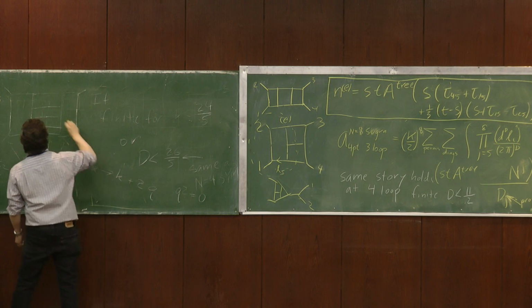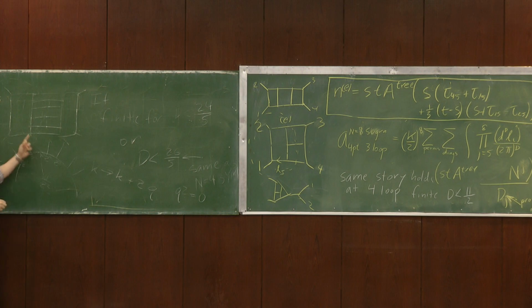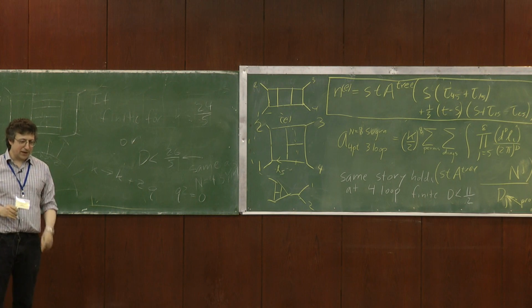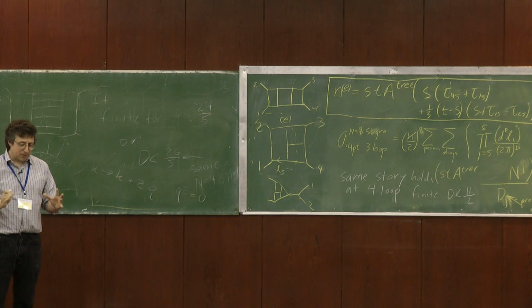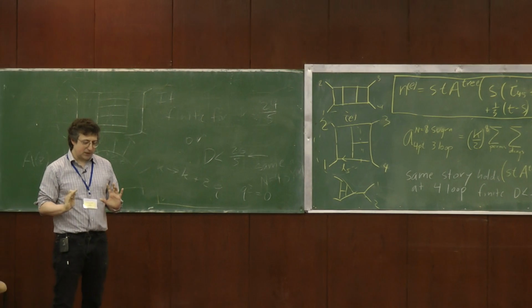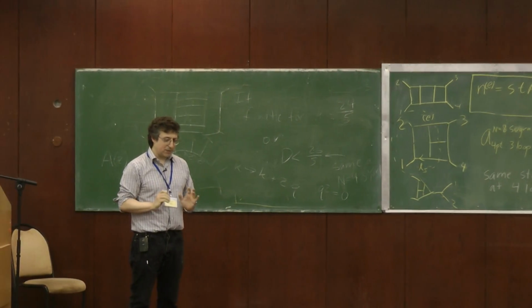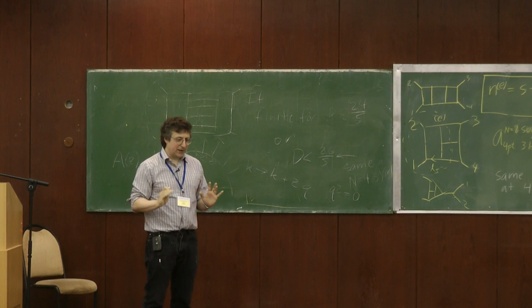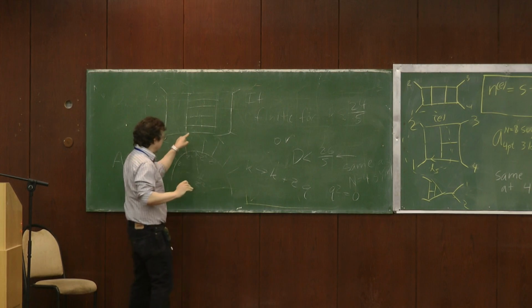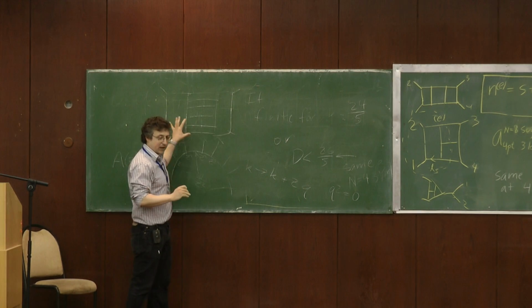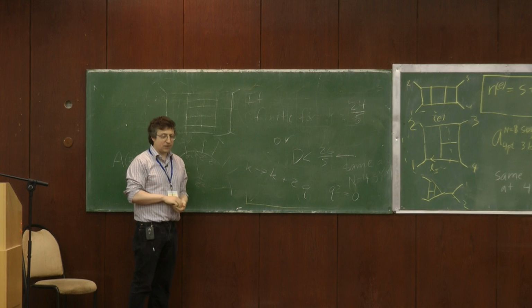Let me add some more loops. This fellow, if you try to do a graphical analysis and say, okay, I'll use E77, it doesn't matter. This diagram here has bad behavior up at 7 loops. It will diverge, that one diagram. So the problem is that E77, if you attack individual diagrams, it won't help you. And we know that for a fact because you cannot violate unitarity. The maximal cut of this thing is badly behaved.